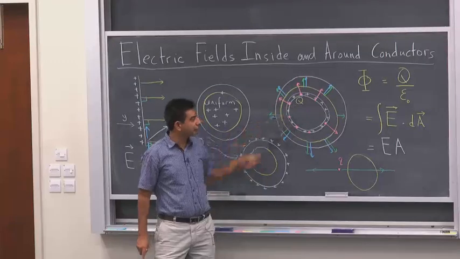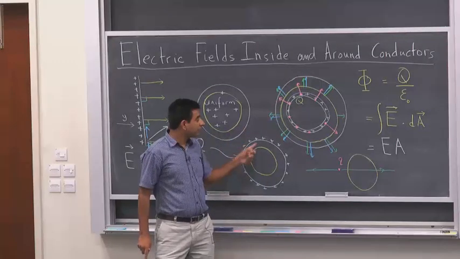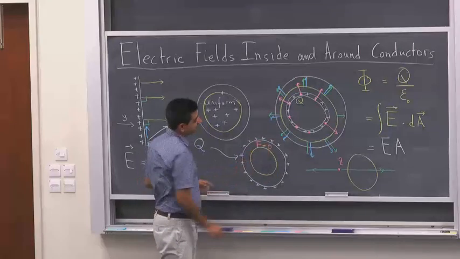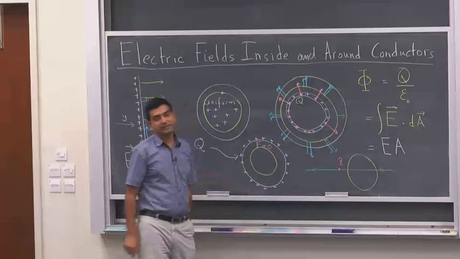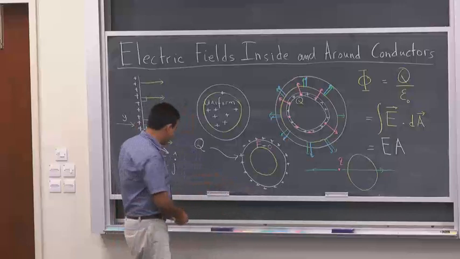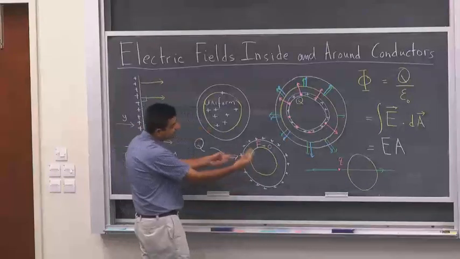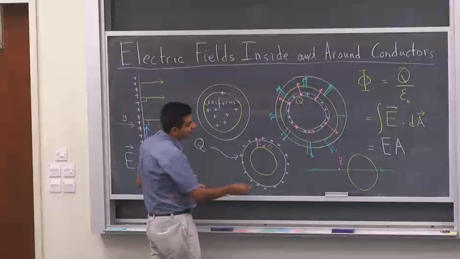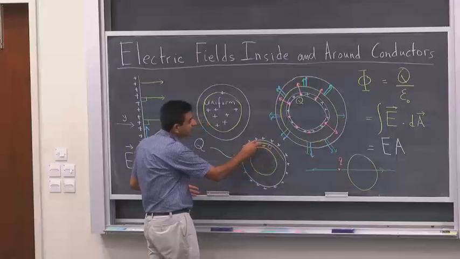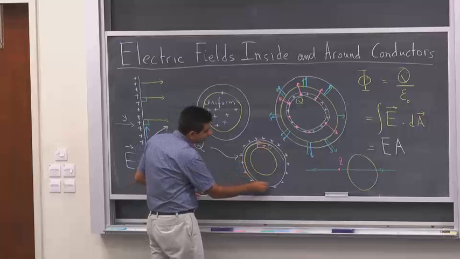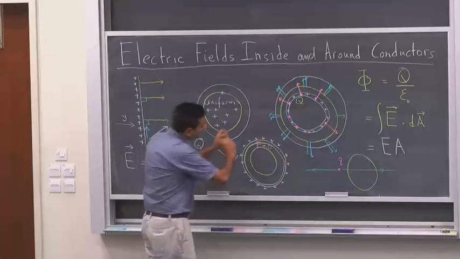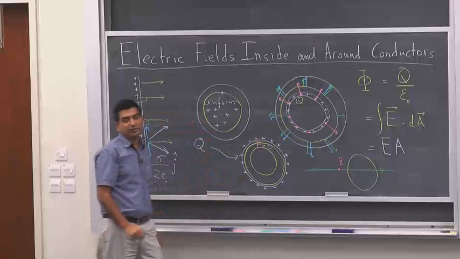And by this argument, I've shown that for the electric field to be zero inside this metal, all the charges must exist on the outer periphery. So if I drew a Gaussian surface inside this metallic sphere, no flux would pass through it and it will not enclose any charge. I can draw a Gaussian surface as big as I like, unless I'm up to the point that I'm within the volume of this solid.